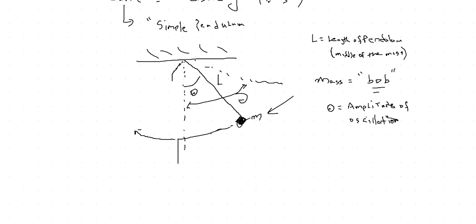So here's the M. It's going to swing to there, and then it's going to swing back. The time it takes the pendulum to go from one end and then swing back is called the period. So T is called the period of oscillation.